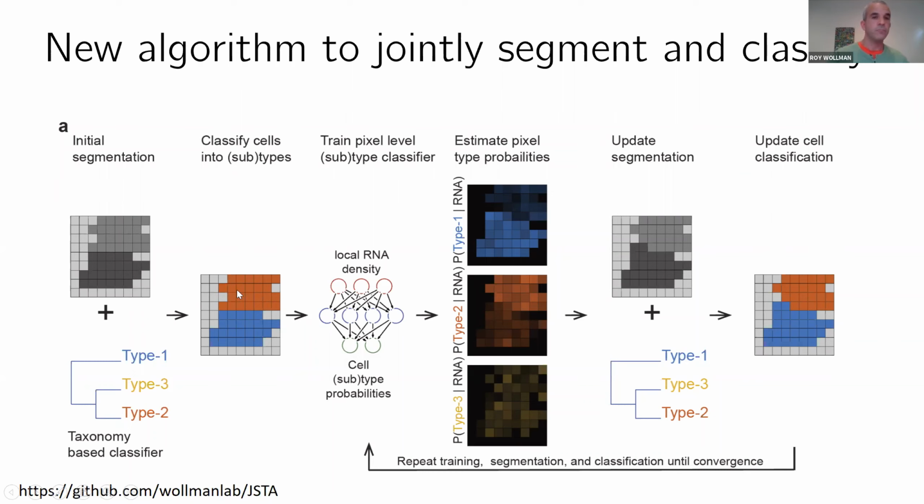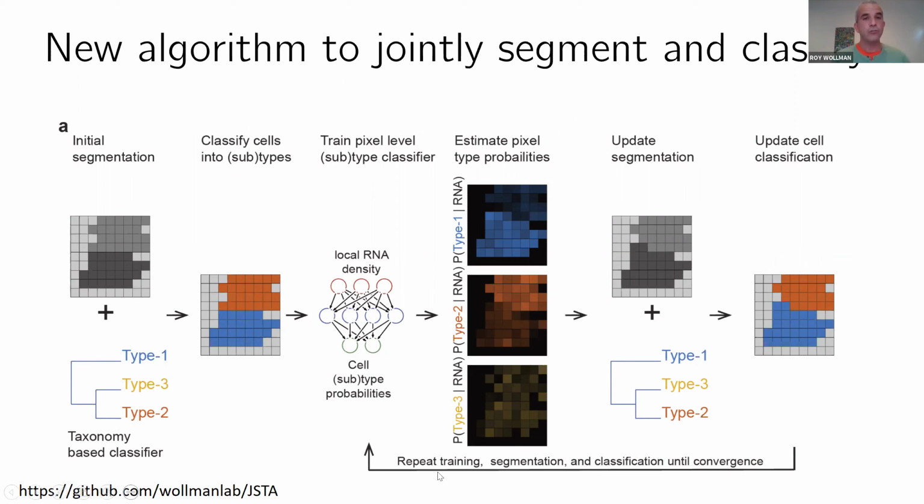In my cartoon example, I have a cell of type 2 and a cell of type 1. After classification, the label information is propagated into each individual pixel in my image, so every pixel has an assigned type, which is my current best guess of what that type should be.